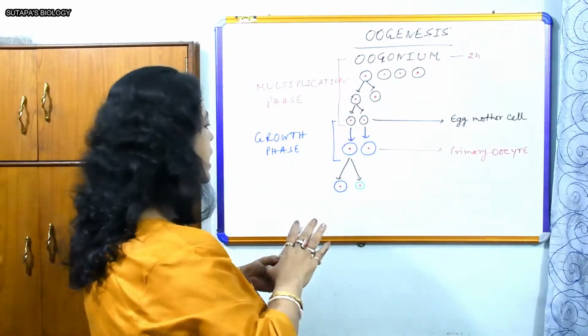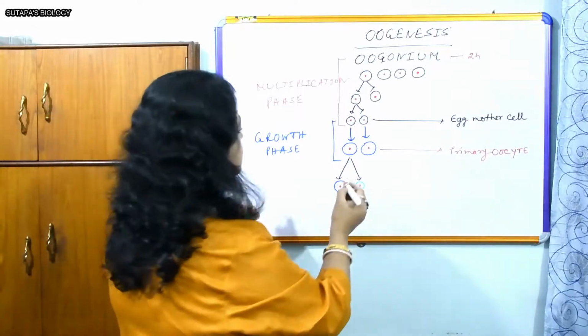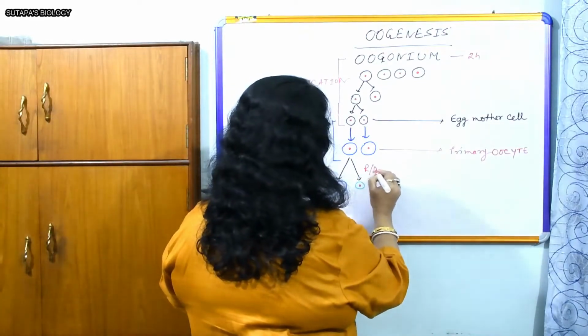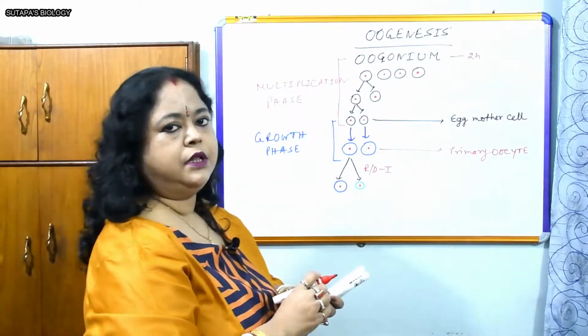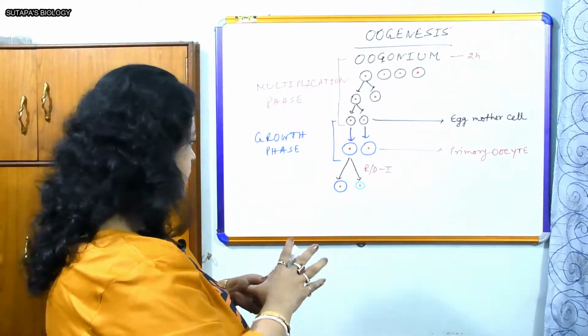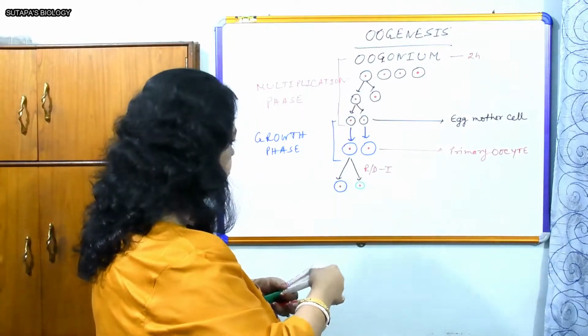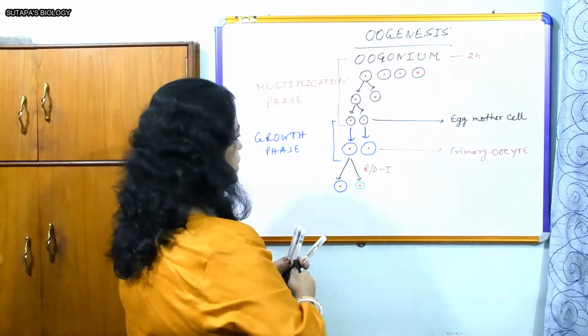It's the unequal reduction division 1. Reduction division 1, that is meiosis 1, will produce 2 unequal cells: one is the secondary oocyte and the other is the polar body.